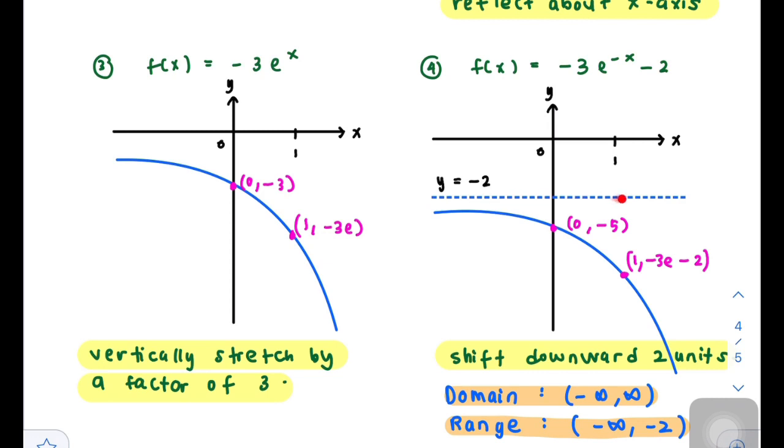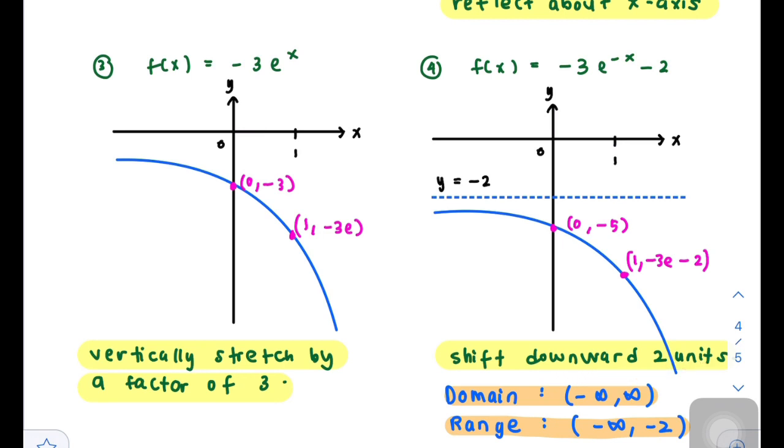Okay, so this is your new asymptote line. From the point (0, negative 3), moving downward 2 units, the new point will be (0, negative 5). This one, (1, negative 3e), moving downward 2 units, the new point will be (1, negative 3e minus 2). Okay, so the explanation here is shift downward 2 units.